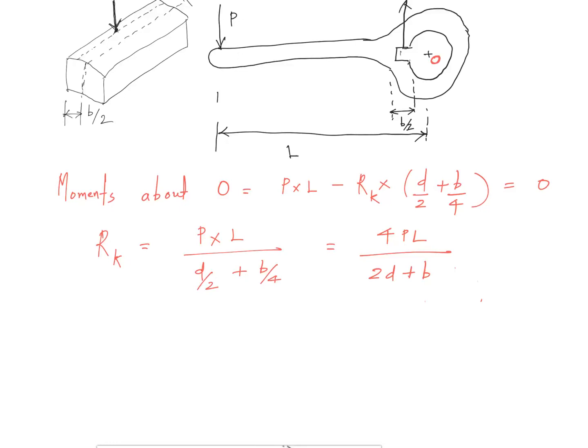Now in order to calculate the shear stress, I know the force. It is Rk, the reaction force from the key, and the area is b into c. Now plugging in the expression we obtained for Rk, after equating the moment about the point O to 0, Rk we found to be 4pl divided by 2d plus b.